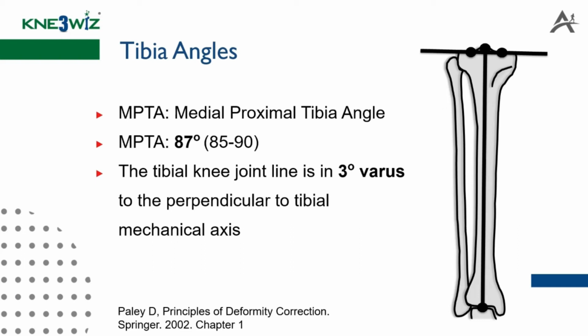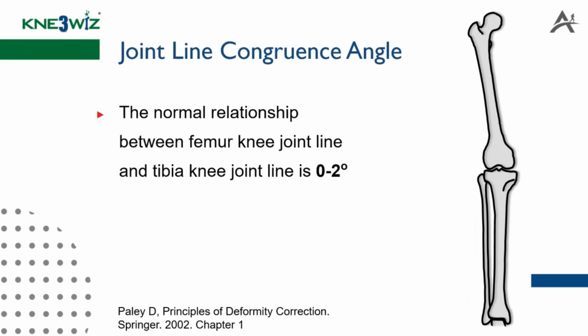The knee joint line is in 2 to 3 degrees of varus to the perpendicular from the mechanical axis. The normal relationship between the femur joint line and the tibia knee joint line is 0 to 2 degrees.